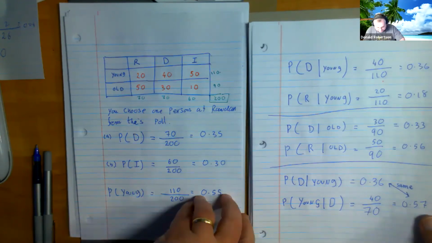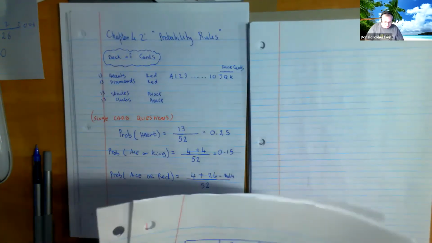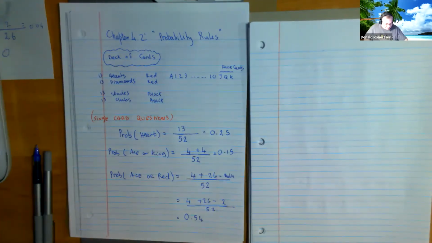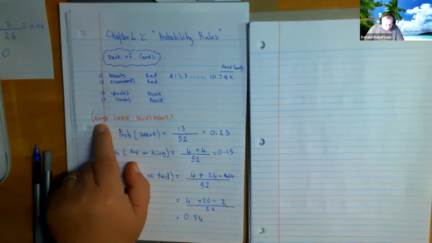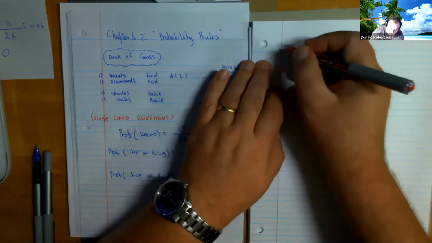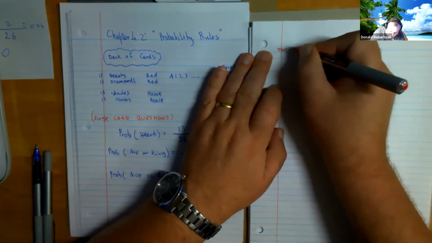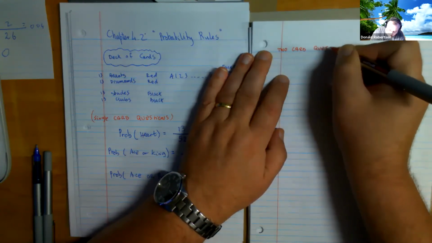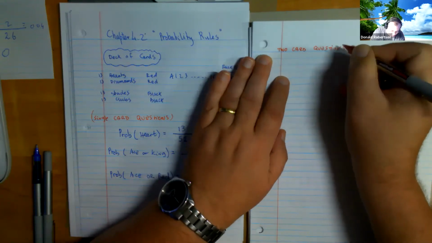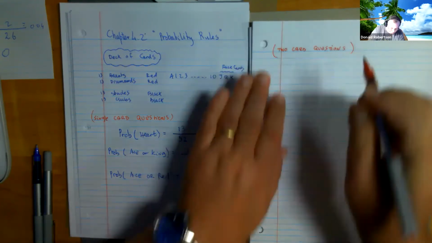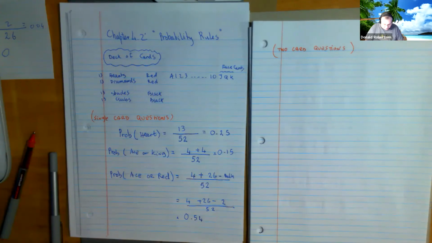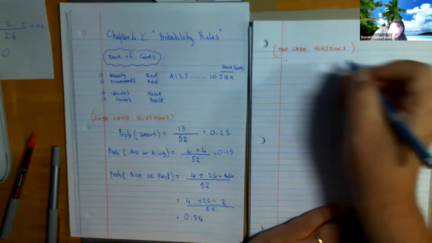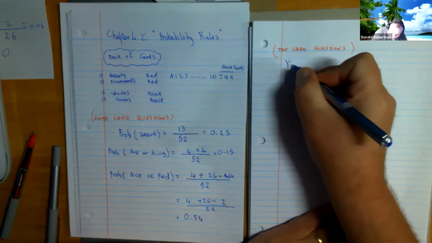So, let's move on and do not single card questions, but two card questions. Now, in these questions, it's going to start with this same sentence that I'm not going to do except the first time.